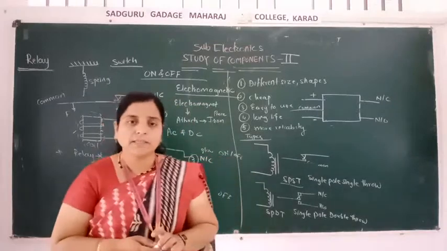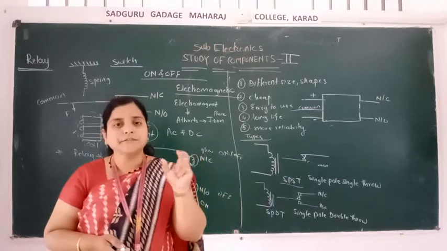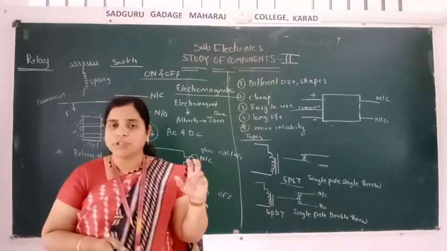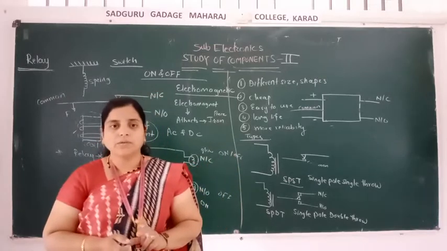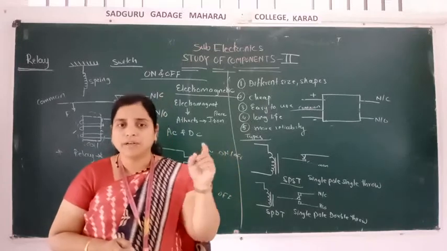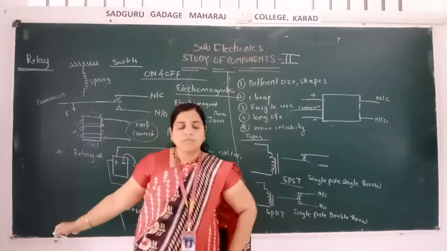So relay is nothing but an electronic or electrical device. It is a device to measure the what? Not measure. It is used to switch the circuit on and off. Okay. If manually it is not possible every time to switch on and off, then automatically we can switch the circuit on and off.